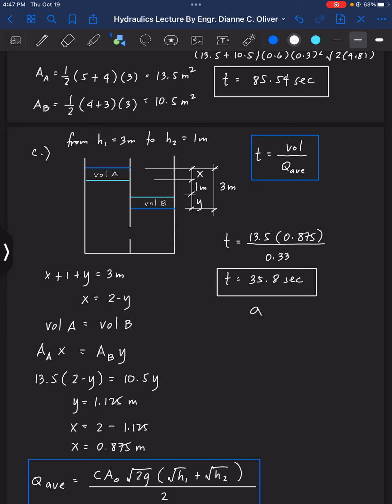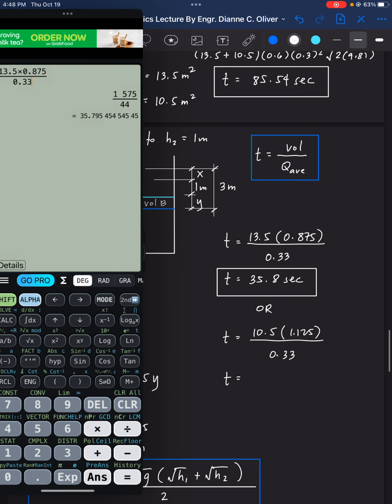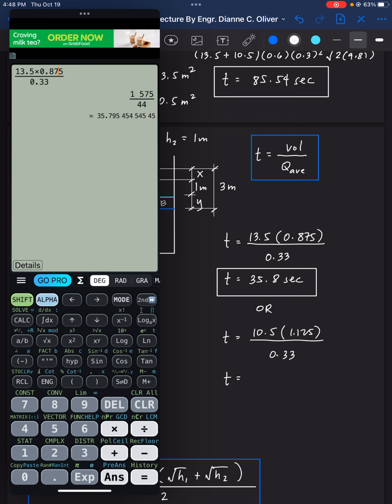Or we have another solution, time using volume at B: 10.5 times Y of 1.125 all over 0.33. Are they the same? Let's see, 10.5 times 1.125. Yes, they are the same.